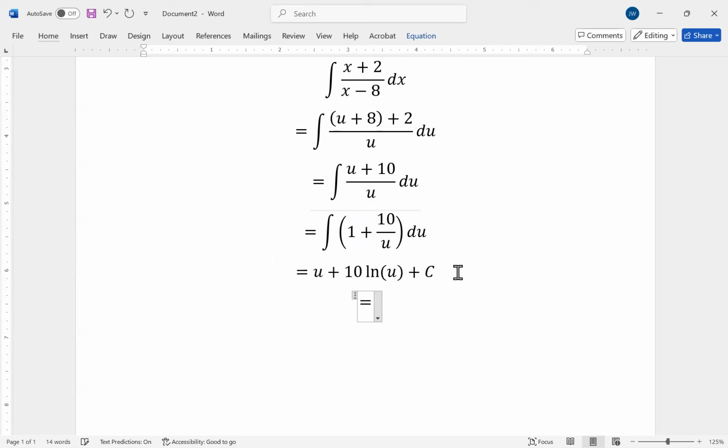And now I'm ready to back substitute. Remember, my u was x minus 8. So I replace the u out front with an x minus 8. And then I go 10 times the natural log of x minus 8 plus c.